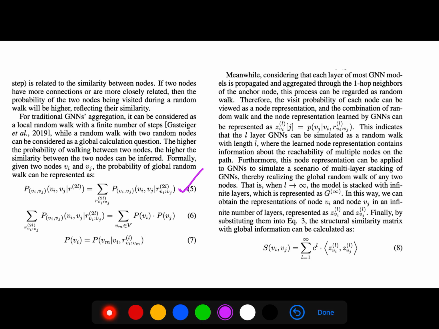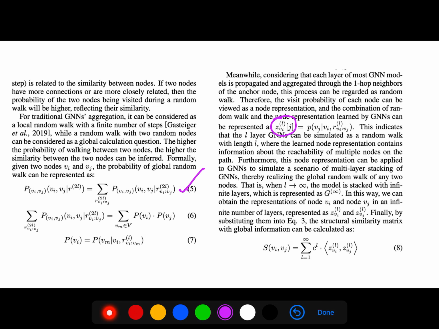Meanwhile, considering that each layer of most GNN models propagates and aggregates through one-hop neighbors of the anchor node, this process can be regarded as a random walk. Therefore, the visit probability of each node can be viewed as node representation, and the combination of random walk and node representation learned by GNNs can be represented like this.